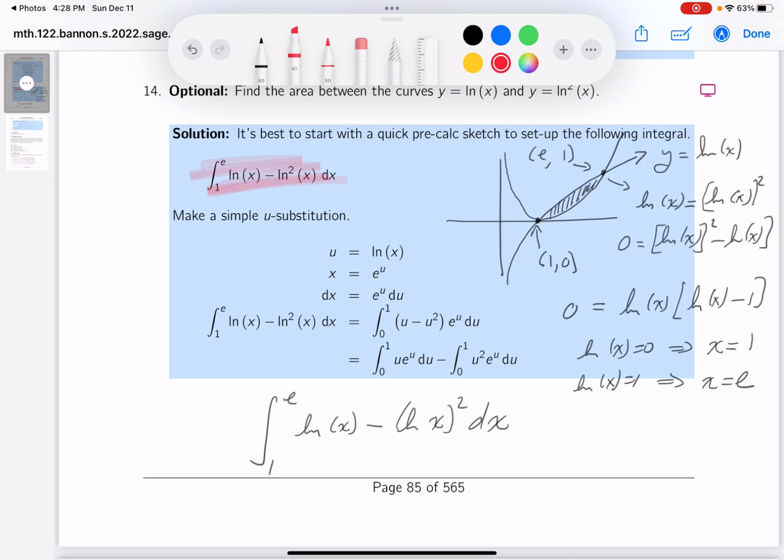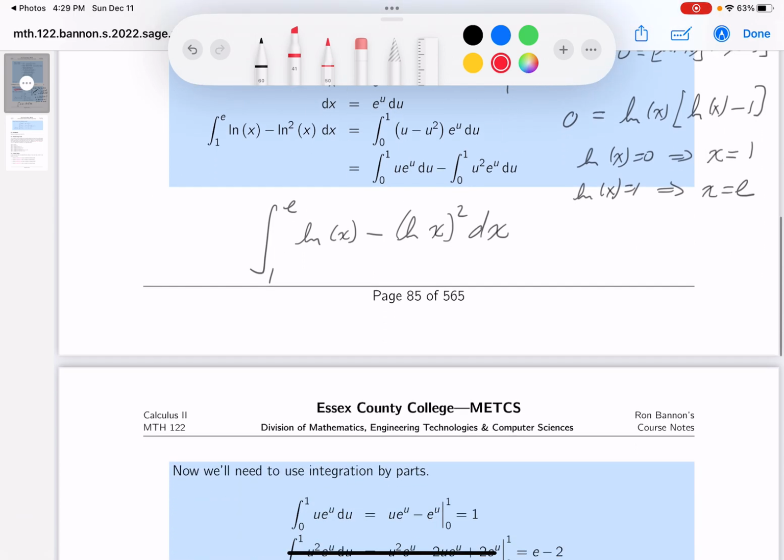Now what I'm going to do is a u substitution to get to my second goalpost. I'll let u equal the natural log of x. That means e to the u would equal x. So e to the u du would be dx. All right, let's make our substitution.